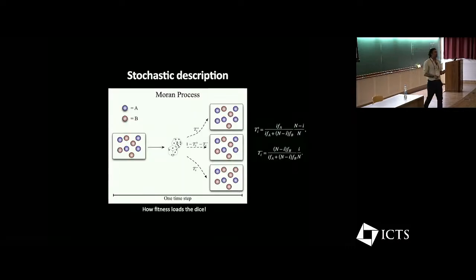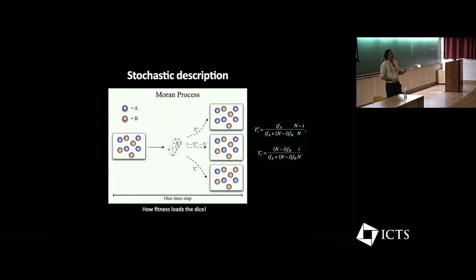You can use many processes at the stochastic level to model the population dynamics. A nice one to use is the Moran process, where you have a population at a certain state, given here on the left, made up of these two types, A and B. In one time step, one of three things can happen: you can increase the number of A individuals by 1, decrease it by 1, or stay the same.